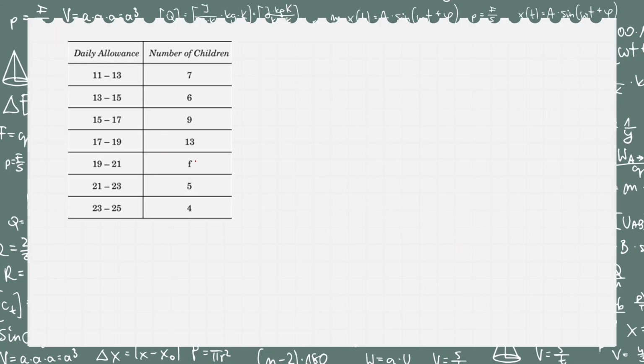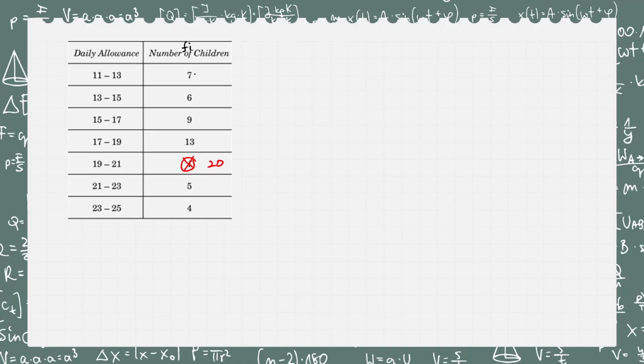Now we have found this f equal to 20, right? Now consider the same table given once again. Now we need to find the mode of this distribution. And how will we find the mode? Remember, we will check the frequency column, which is the second column, and the maximum frequency we will select, and we will choose that particular row which has the maximum frequency as our modal class, right?